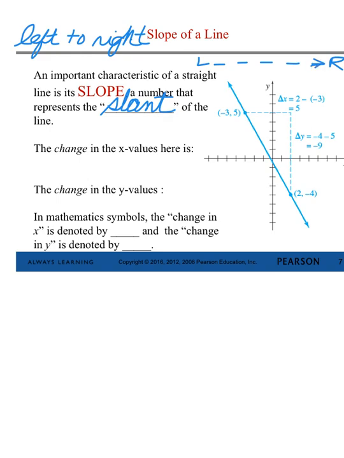And what happens is this line goes down. And that tells us that actually our slope is negative, so it may slant down or it may slant upward.